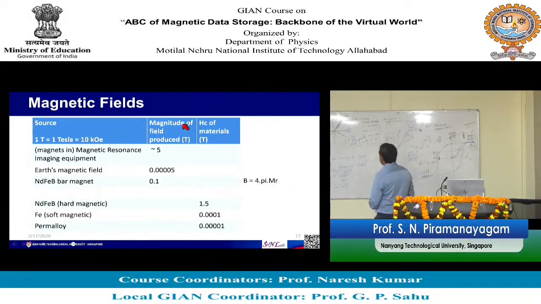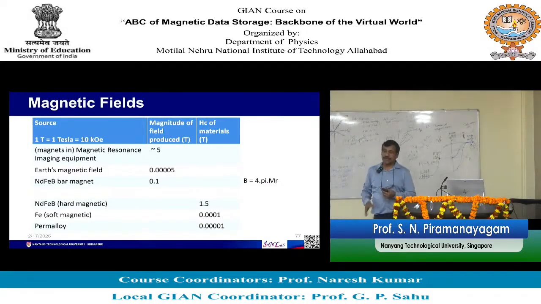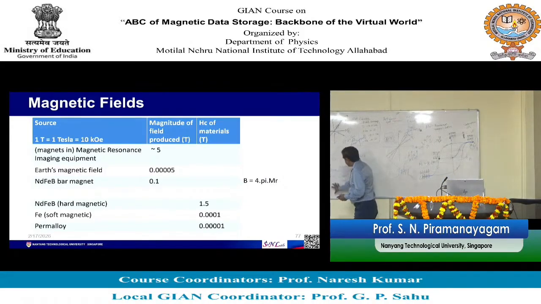So, 0.1 Tesla is 1000 Oersted. So, if I put my old credit card and a neodymium iron boron magnet in my pocket, then I will lose all the information. This magnet can erase the information in the tape or credit card. Okay.